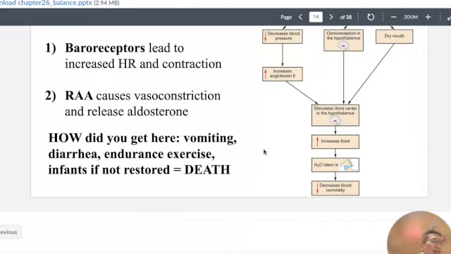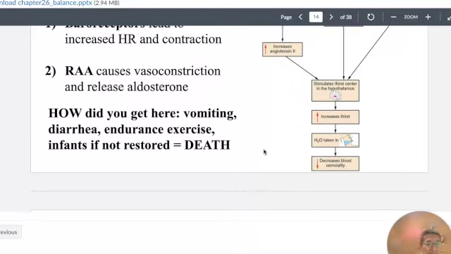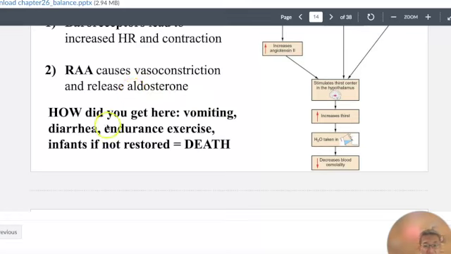You will have an increase of resistance in the blood. Now, when it comes to infants, because their body is so small, dehydration is extremely dangerous and it could lead to death.